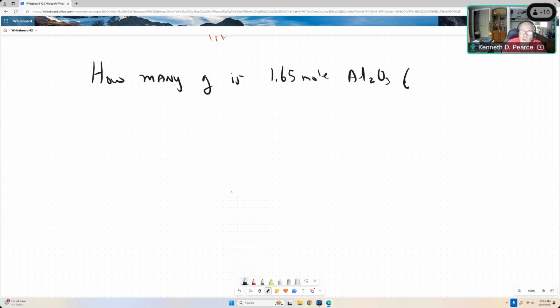I've dropped this over here, erased this, just so it would fit. How many grams is 1.65 moles aluminum oxide? And we're going to say the molar mass, I'm going to give it to you, is 102 grams per mole. Okay, now go ahead and figure that out.